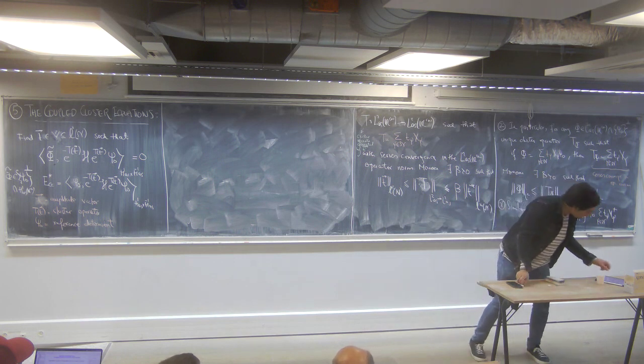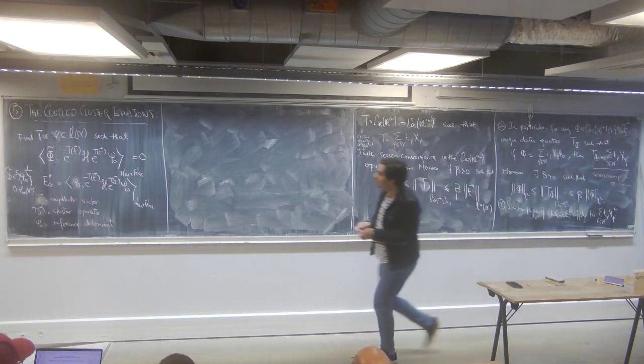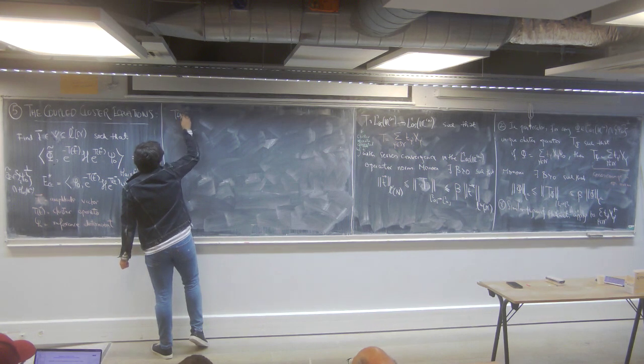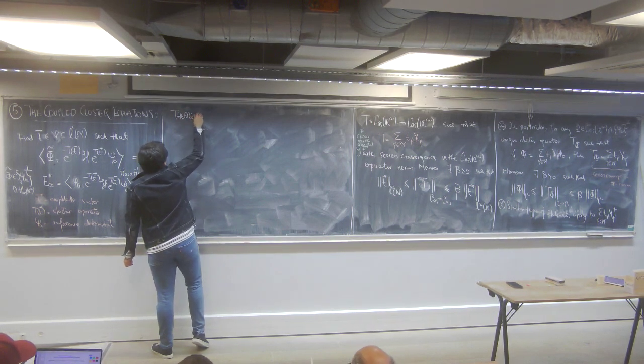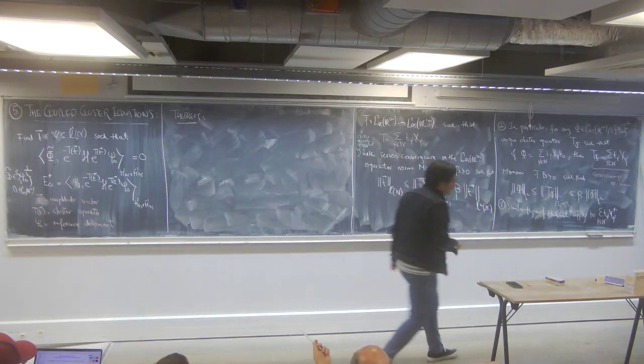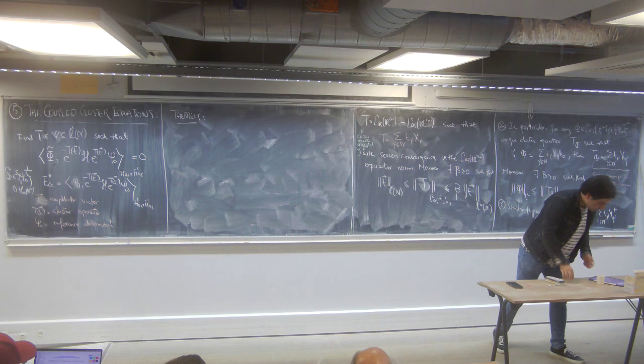Okay, so finally I get to the major theorem, which is now the following. So we had a proposition about cluster operators, and now we have a theorem. And this is the thing that we really need.